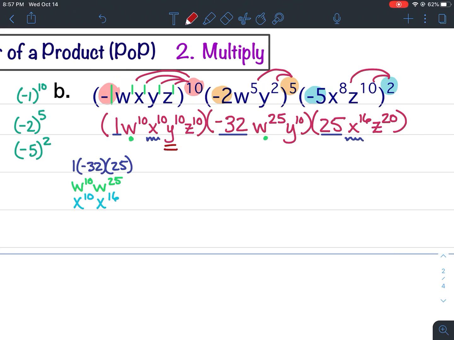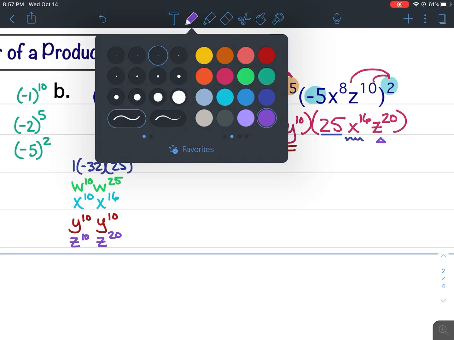Y to the 10th, y to the 10th. I guess I'll put a triangle. There we go. So z to the 10th, z to the 20th. All right, now that I have everything grouped together, I'm ready to find my answer.